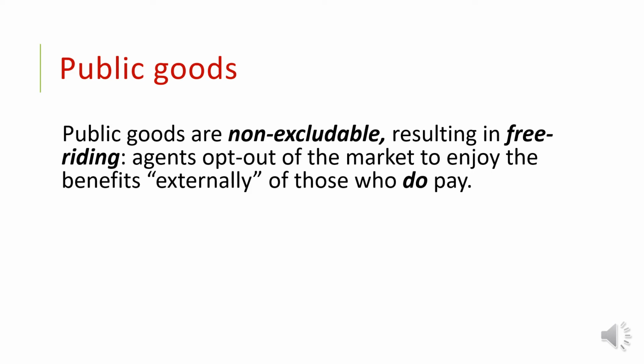Because no one can be excluded from enjoying the benefits of the public good if it comes into existence, people might think to themselves, well, I will simply free ride on the purchasing decisions of someone else. So rather than paying for it myself, I'll wait for some other idiot to pay for it, and then, because it's non-excludable, I will enjoy the benefits of that product which has been purchased by others. I'll free ride on their purchasing.